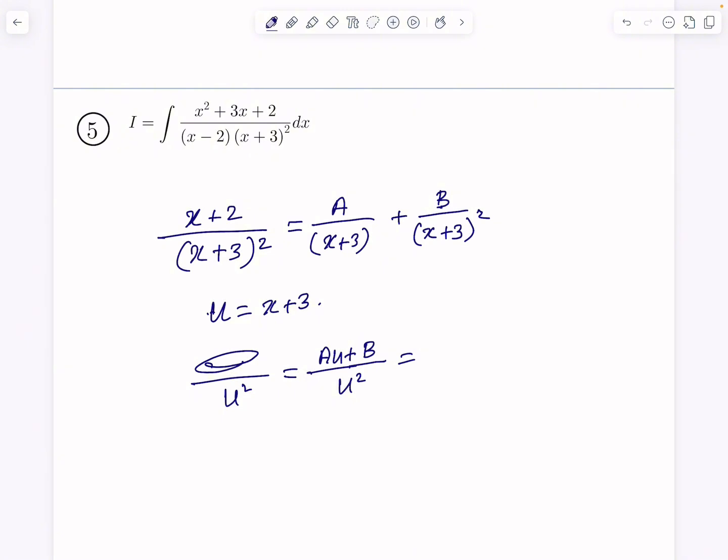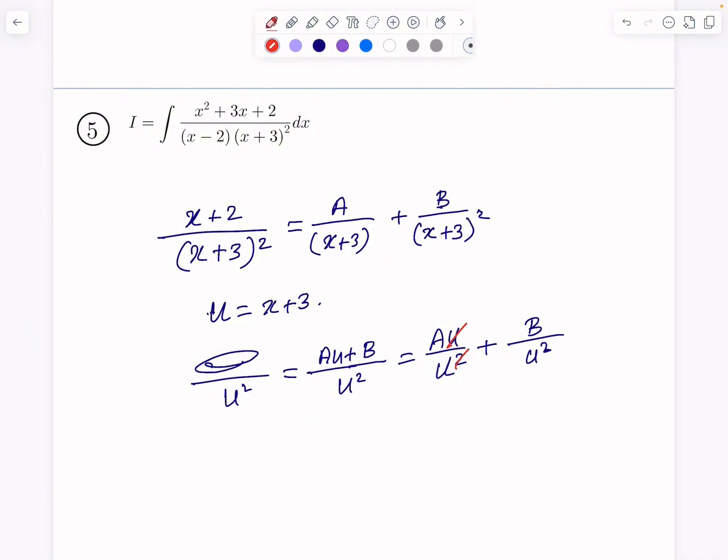And therefore we're going to get a u plus b divided by u squared. This one means we're going to be having au divided by u squared plus b divided by u squared.